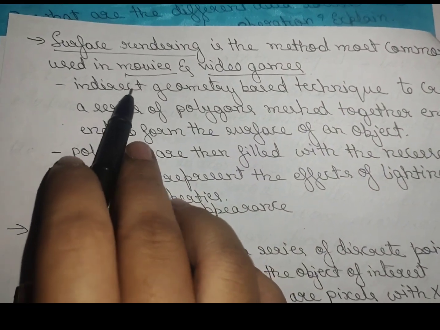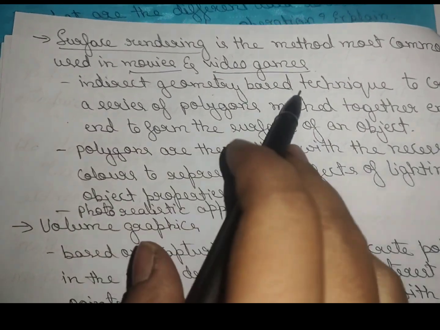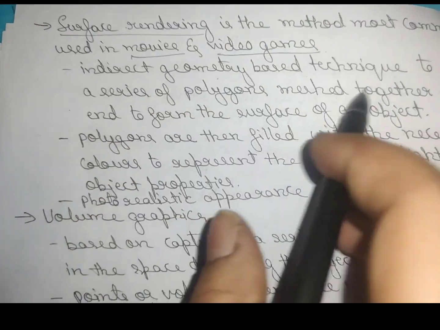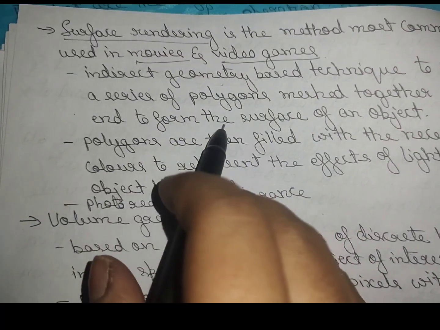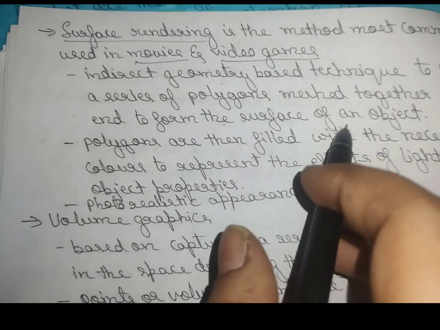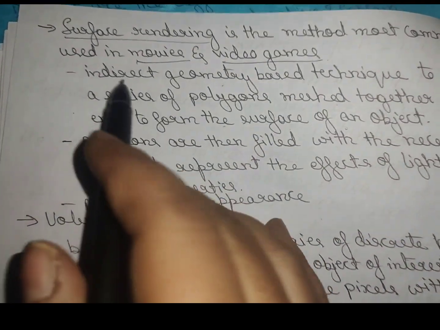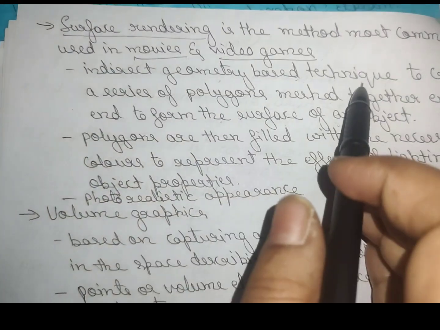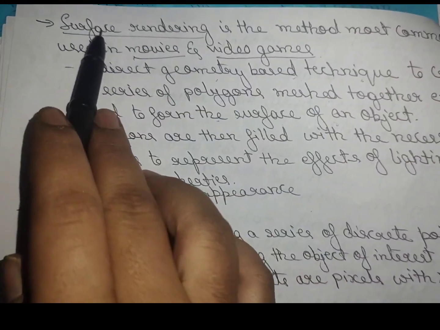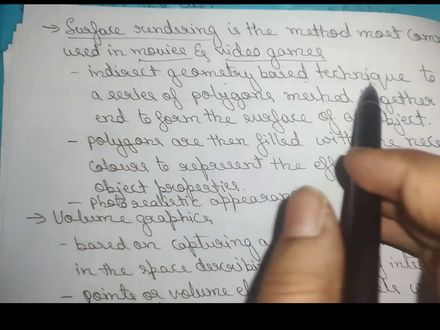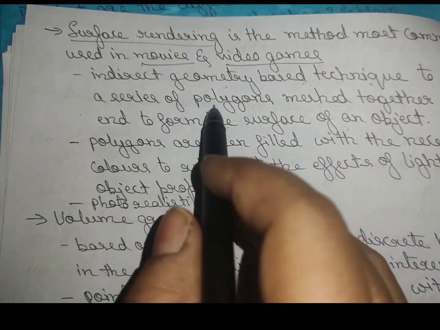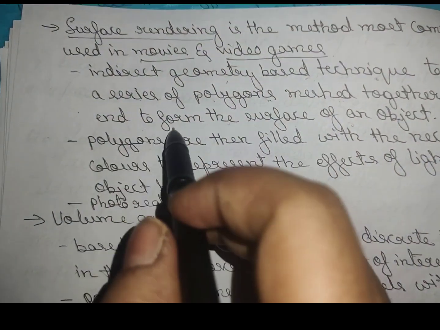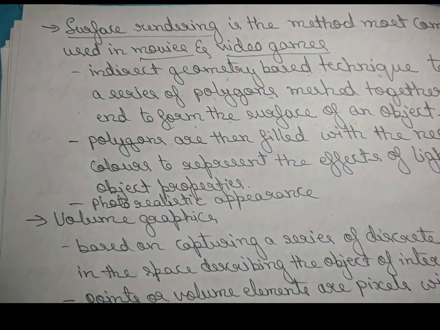So it is an indirect geometry-based technique to create a series of polygons meshed together end to end to form the surface of an object. Remember, surface rendering means a geometry-based technique to create a series of polygons meshed together end to end to form the surface of an object.